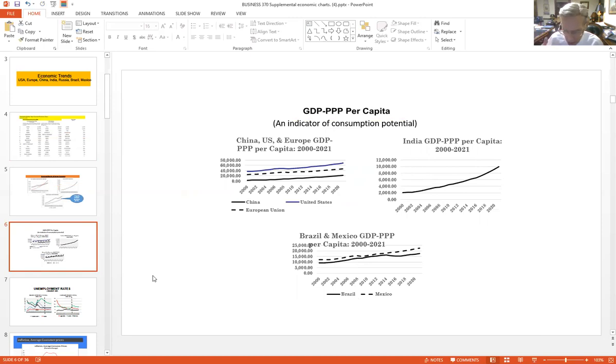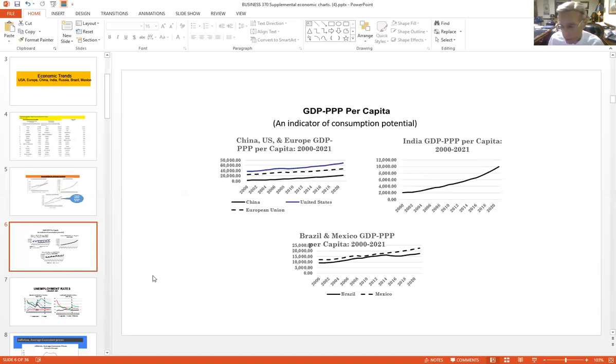And again, this gives us some idea. Now, if you look again at the chart on the left, $10,000 isn't very high if you're looking at the United States or the European Union, very low. But because of that accelerating curve that India shows us, India's GDP per capita, that is the spending power, the standards of living and the consumer spending potential in India will grow very rapidly.